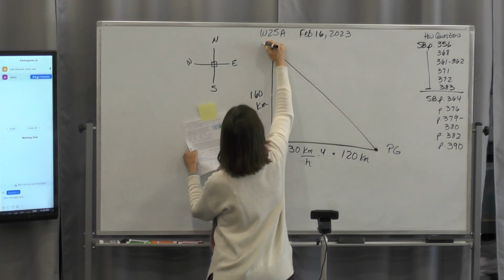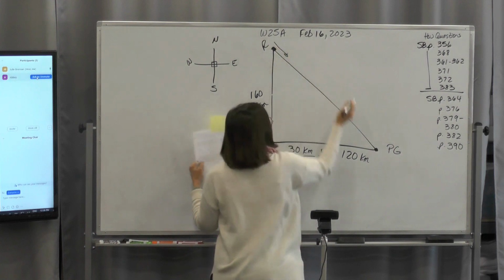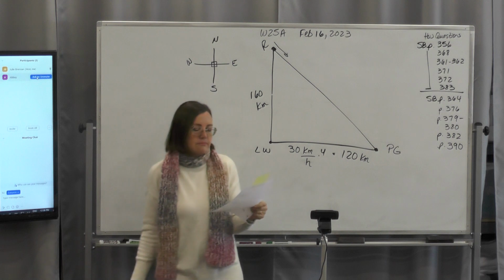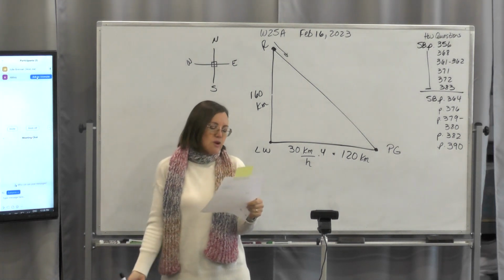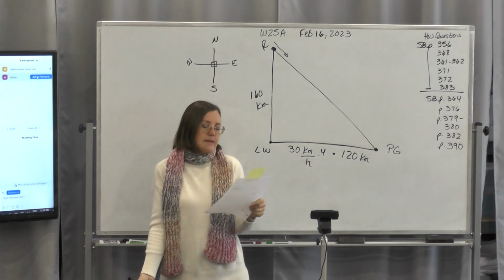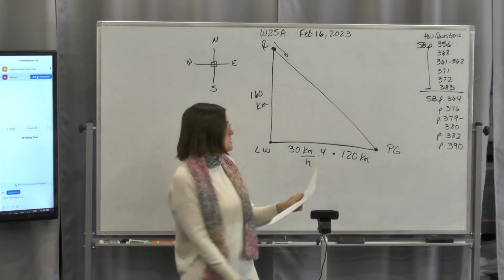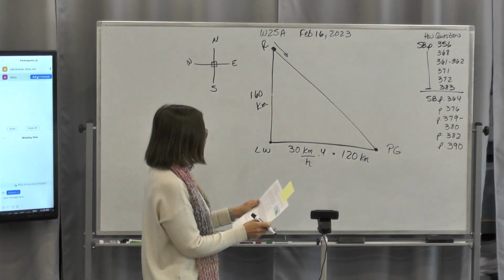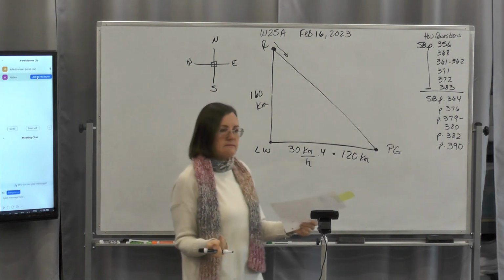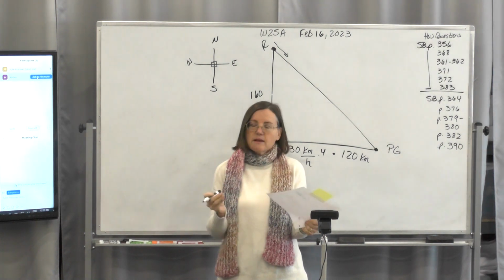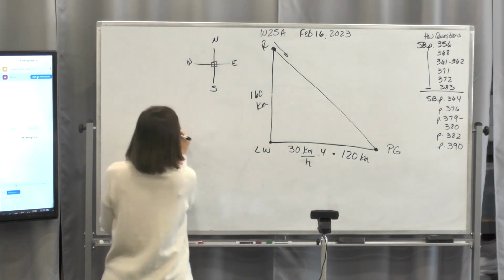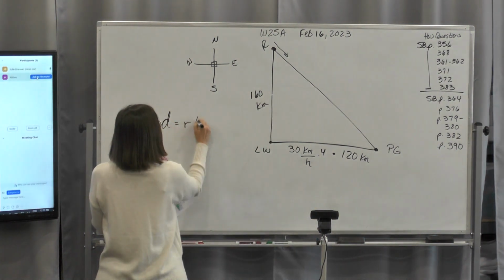Okay, so Raina's up here, and she's going this direction. At what average speed must she travel in order to arrive at the same time that Paul does? Well, they didn't just ask me for the distance, but to get a rate, I need time and if I have distance, I'm using distance is equal to the rate times the time.